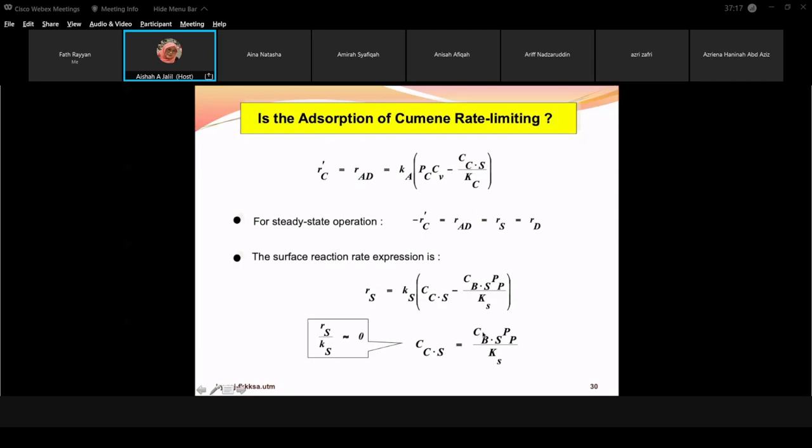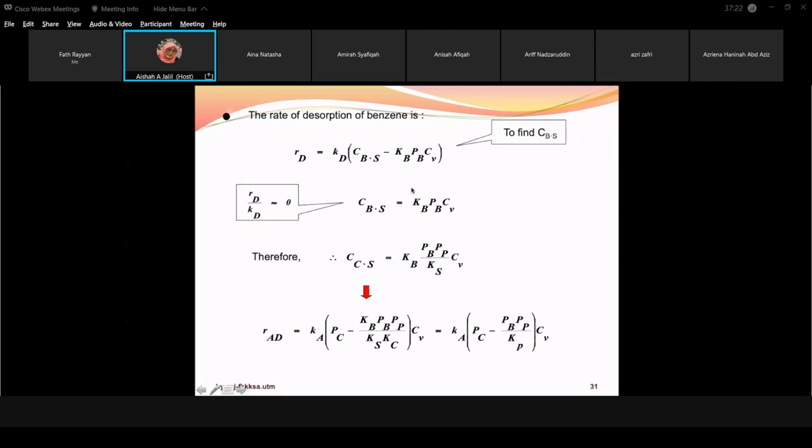And then you also have to use the r_D. If r_D equals 0, you can get C_B·S.